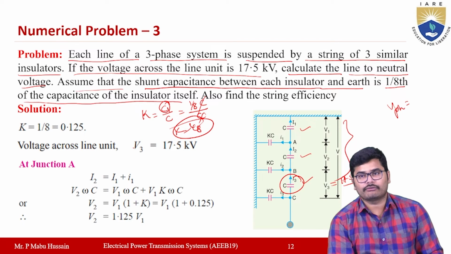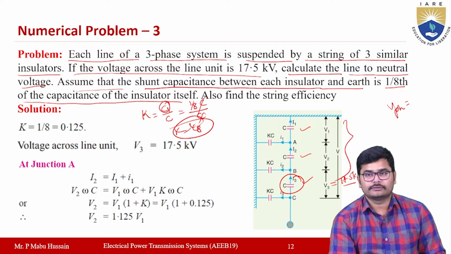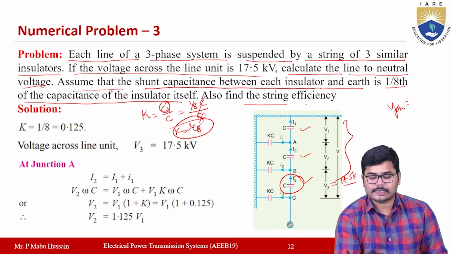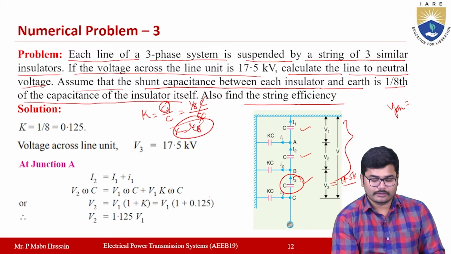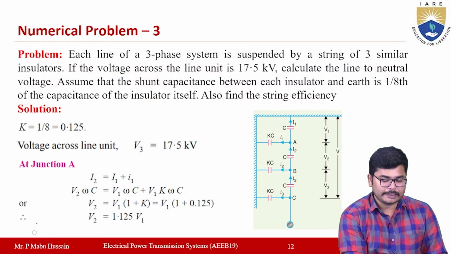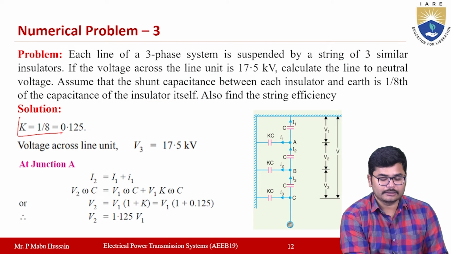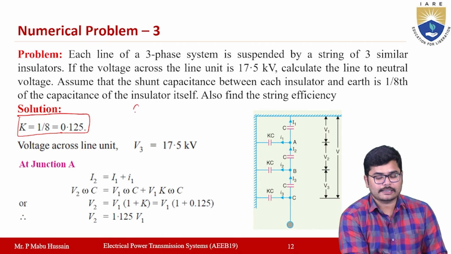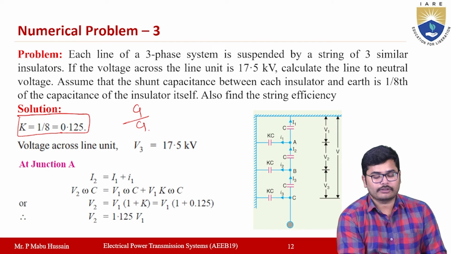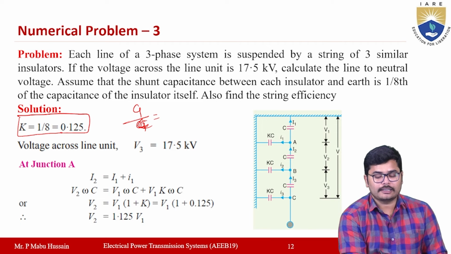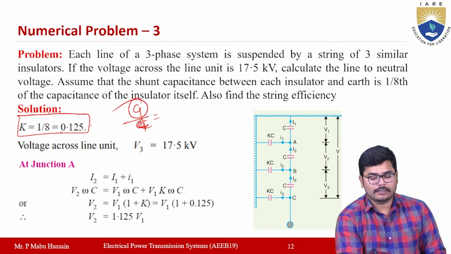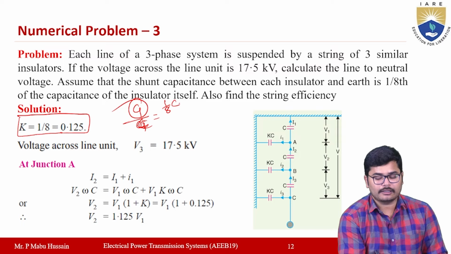Right? They are giving the value of K indirectly here. You also have to find the string efficiency finally. K is the ratio of shunt capacitance to self-capacitance C, and they have given that the shunt capacitance is equal to 1/8 times the self-capacitance.